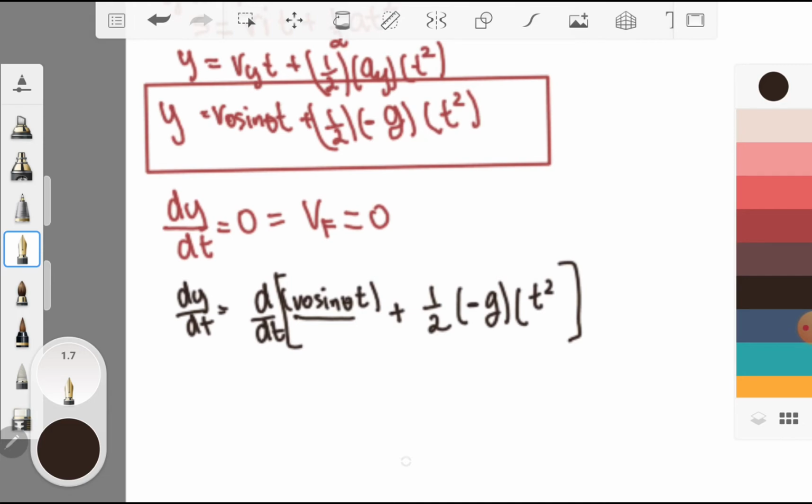So, your y prime or your dy is equal to VO sine theta. Take note that your VO sine theta is a constant. It has nothing to do with the value of y changing with respect to time. So, the derivative of t is equal to 1, right? dt over dt. And the derivative of t squared is equal to 2t.